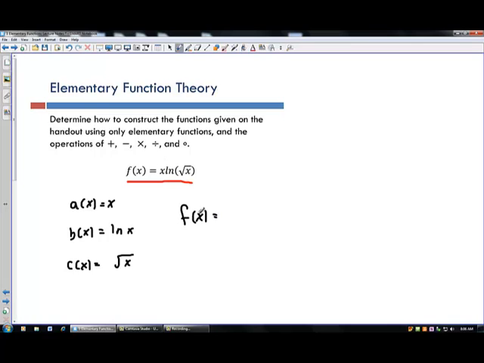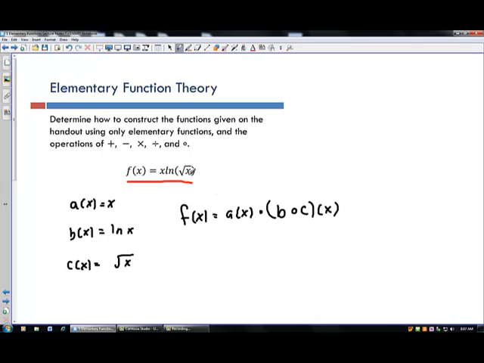Well, I can take a of x, and I simply multiply it by the ln function, so I'm going to multiply it by b, and now this is ln of square root of x, so that's b composed with c, and that's of x.